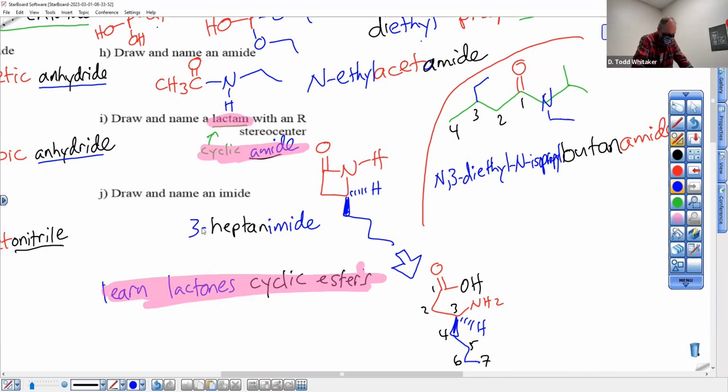And the stereocenter is R or S. I believe it is S. It goes 1, 2. And it's got all the carbons. That blue thing is not a group, is it?